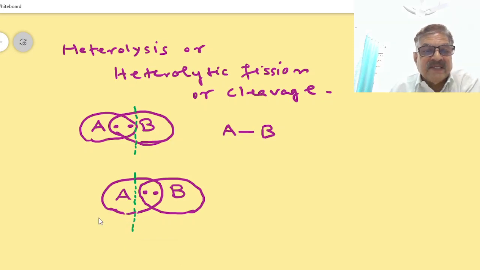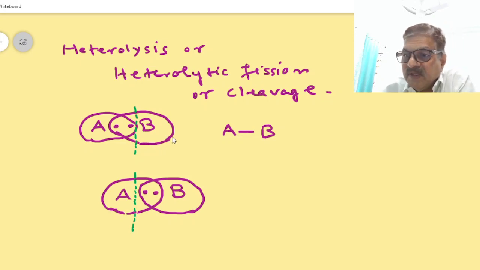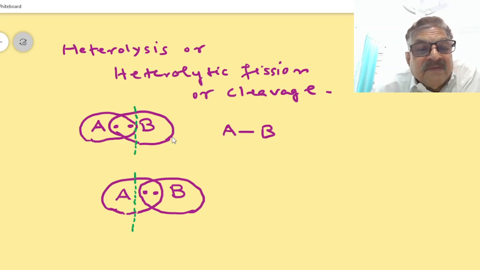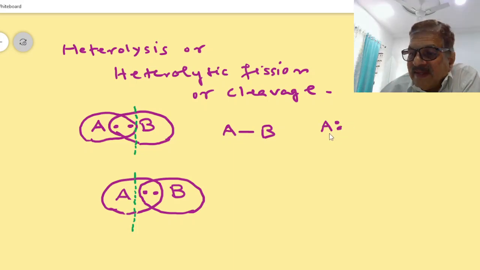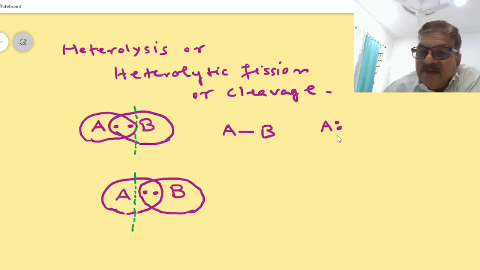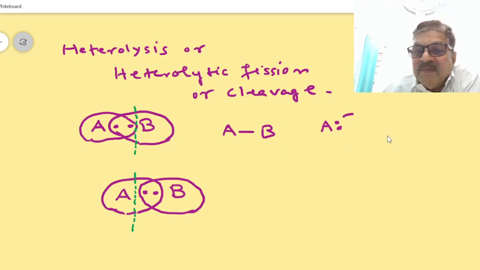The cleavage takes place like this, which is heterolysis of the bond between A and B. In the first case, A will get two electrons. The two electrons will be with A, and B will not have anything.